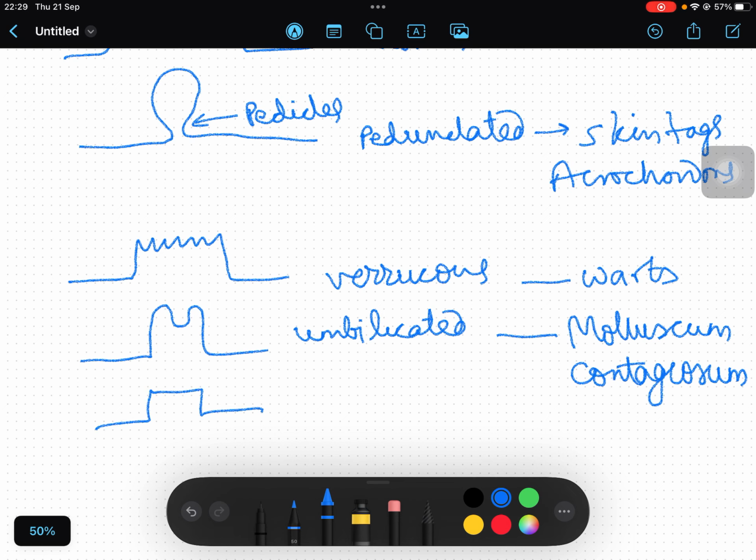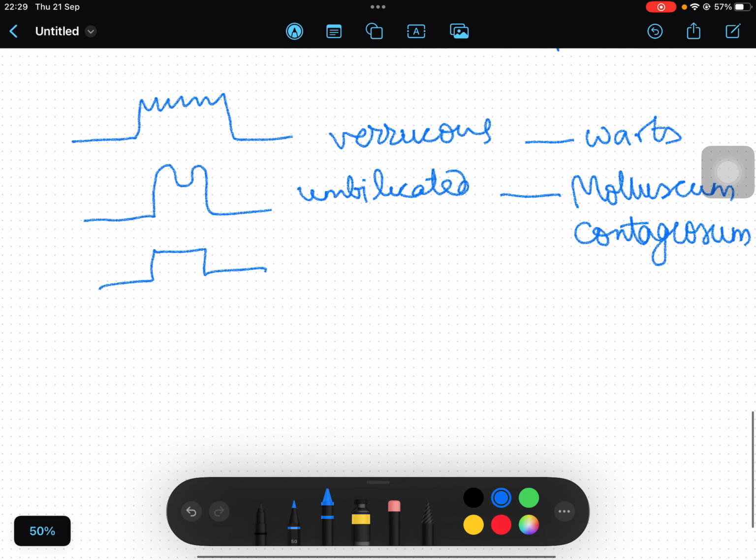Some papules may be flat topped, the others may be spiky papules. Flat top papules are also common, and they may be seen in acne.